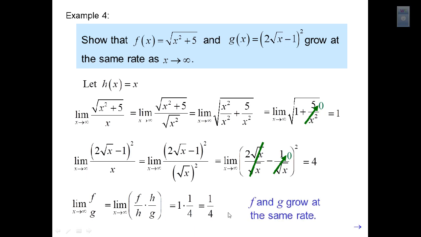Therefore, these two grow at the same rate. Now, you don't necessarily have to know this last part right here or how to show that. You can prove that since f grows at the same rate as h and g grows at the same rate as h, then f and g grow at the same rate. This is just analytically showing all the way through. Once you get to this part right here, you could have just explained that they grow at the same rate using the transitive property.